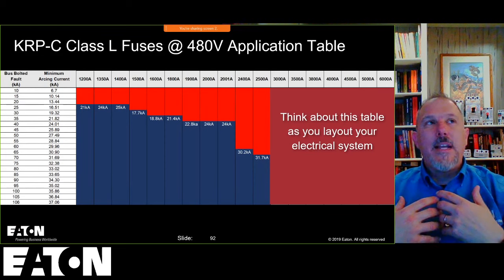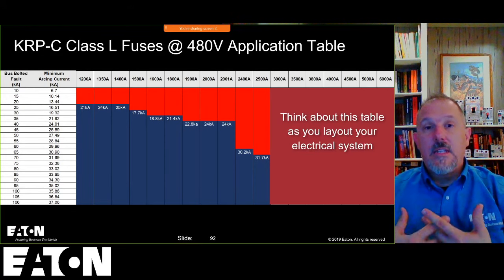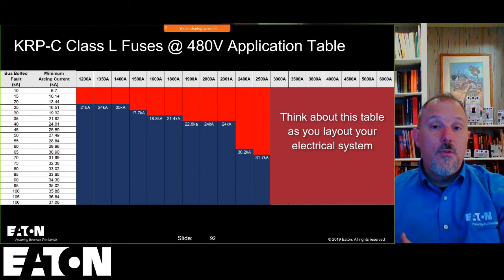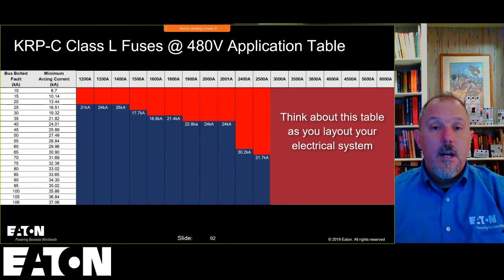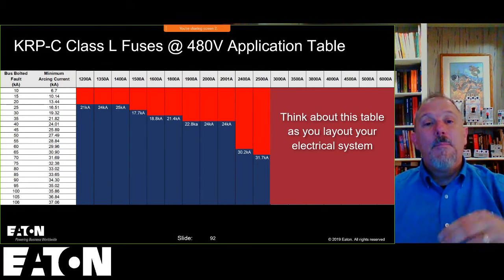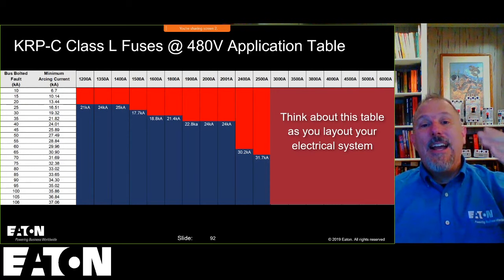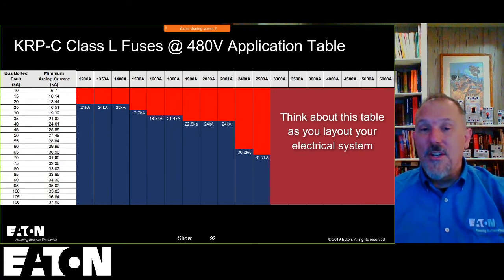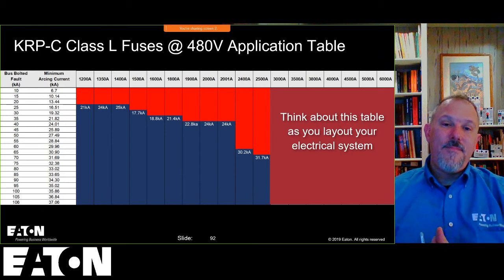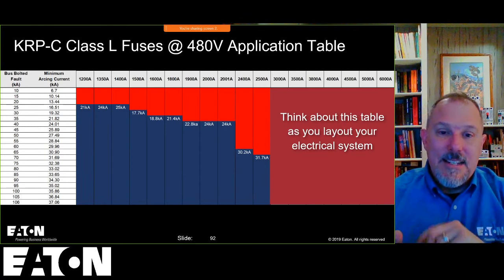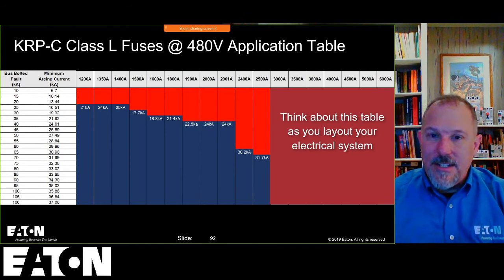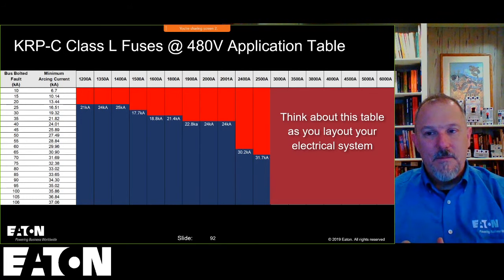My conservative nature says that I need to automatically put an arc reduction technology there. But my second challenge is I can't verify that my arc reduction technology will work unless I compare it with the arcing current at 106,000 amps.